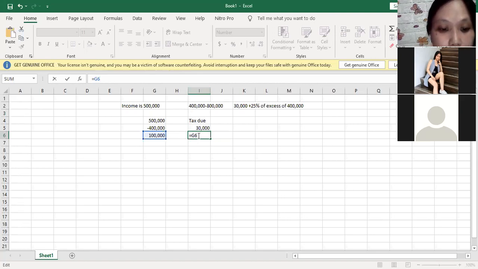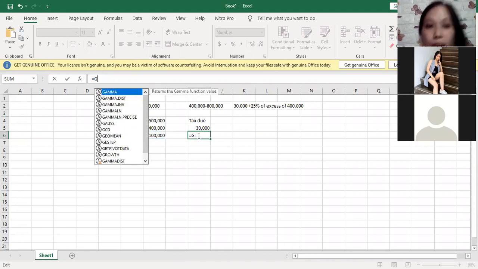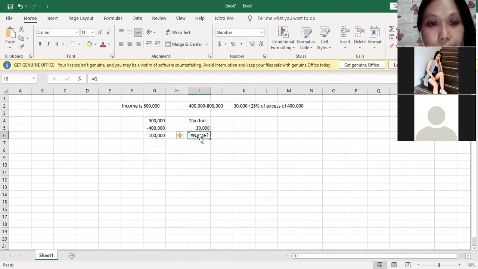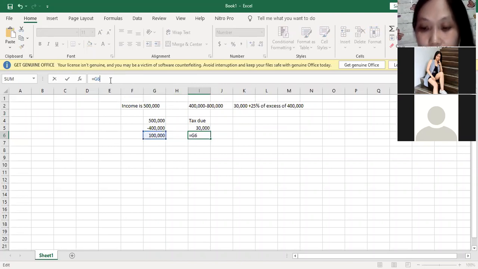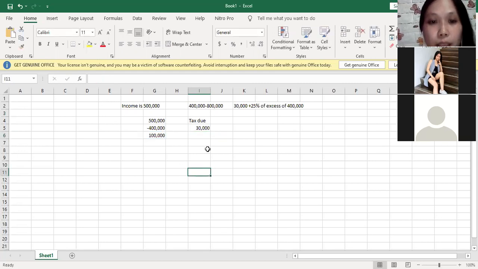Percent na natin. 20%. Sorry ha, kay nagmali man gud ning akong keypad diri. Where's the asterisk? I cannot find the asterisk, I don't know.